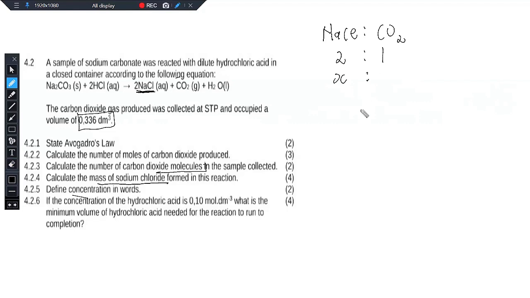We have already calculated the number of moles of carbon dioxide in 4.2.2, which was 0.015. Then if we cross multiply this, we are supposed to get the number of moles required for the NaCl. So that's X. Then cross multiply here, we can get 0.03 mole, right? So we are saying for every 0.015 mole that is produced, there will be 0.03 mole that is produced of the NaCl, right?